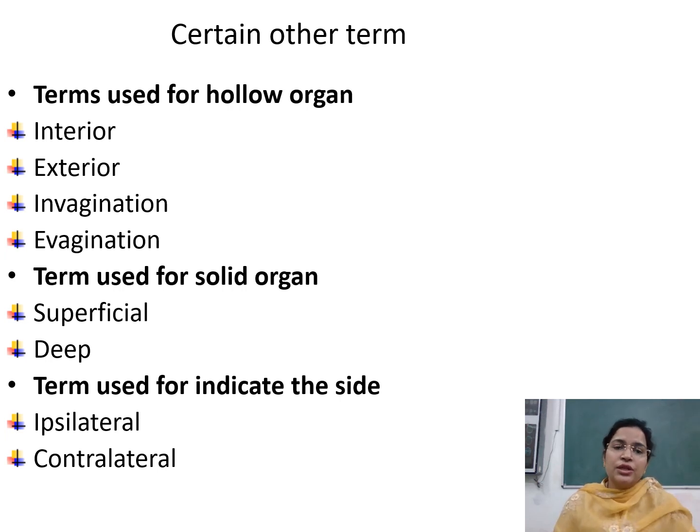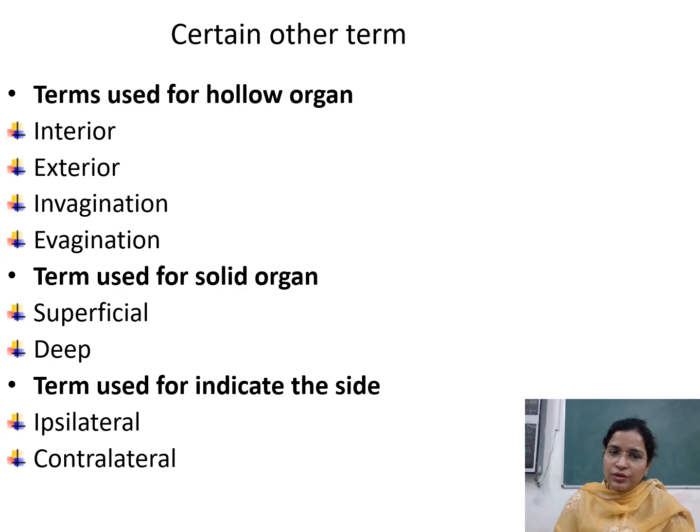The organs which are just near the skin surface: on the right side there is the liver, on the left side there is the stomach, and just below the stomach on the left side there is the spleen.